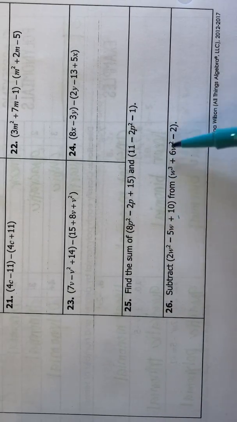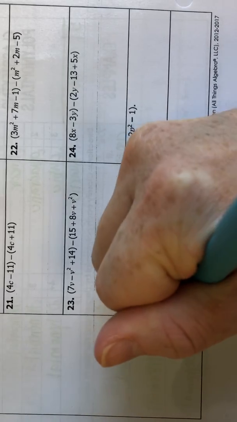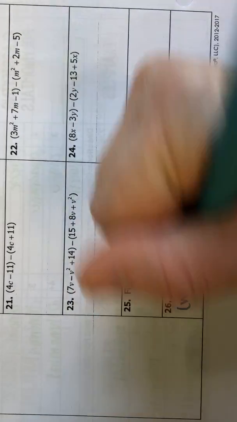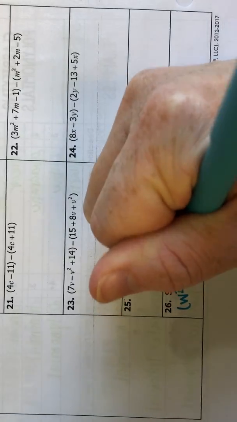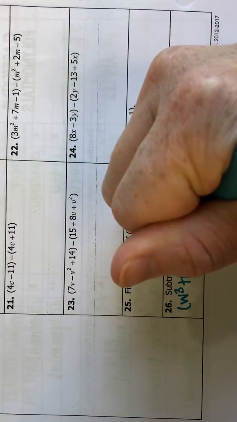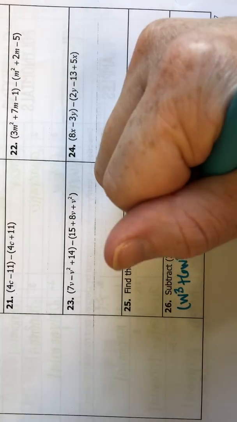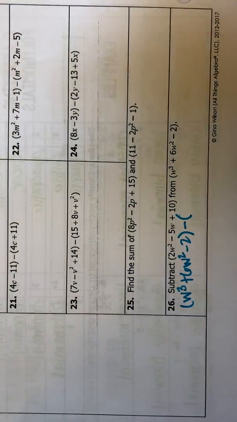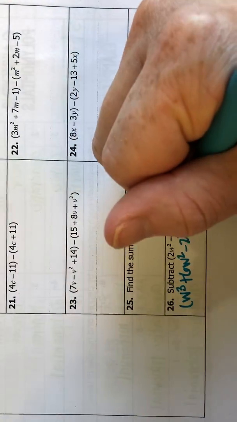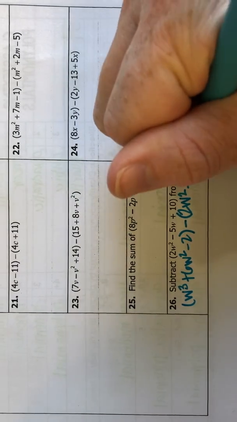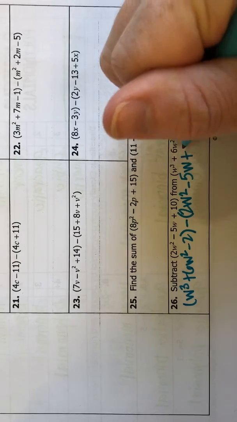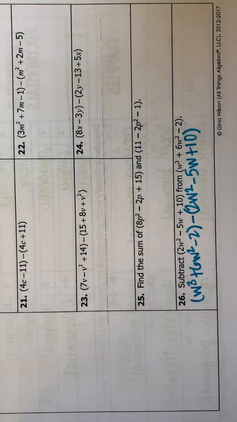So this is what came first. I need to write this polynomial up front. So w cubed plus 6w squared minus 2. And then I'm going to take away from it the other parentheses. So minus 2w squared minus 5w plus 10.